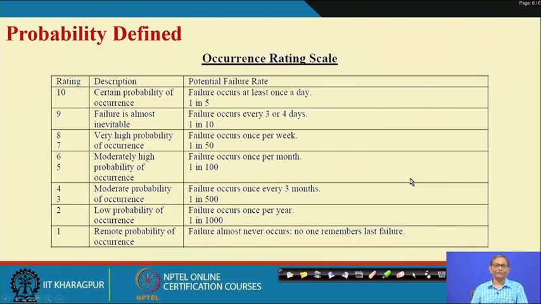Now, the first one is the probability. This probability we are giving you basically as a 10-point scale, and it is taken from a paper. Which paper is this one?